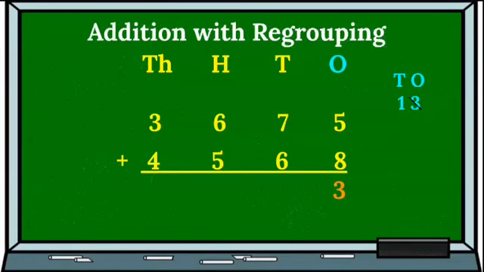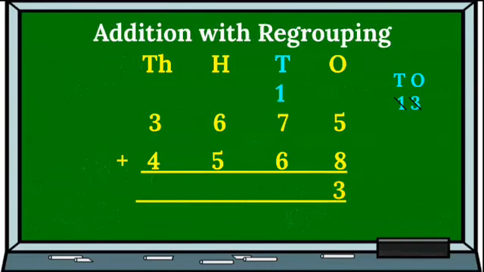So we take that digit 3 in the ones place and place it under those numbers in the ones column. That 1 in the tens place in 13, that 10, will be added to those numbers in the tens column. So we're going to add 1 and 7, which gives us 8.